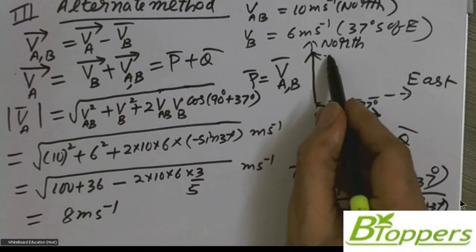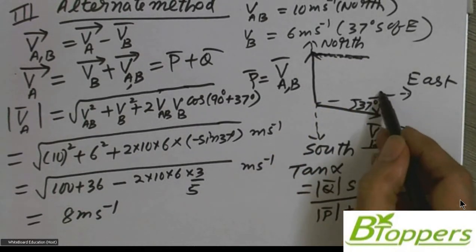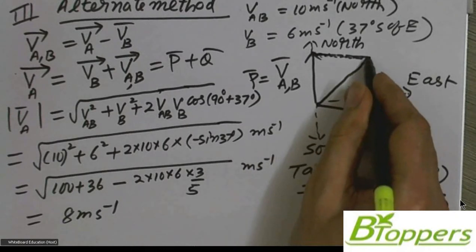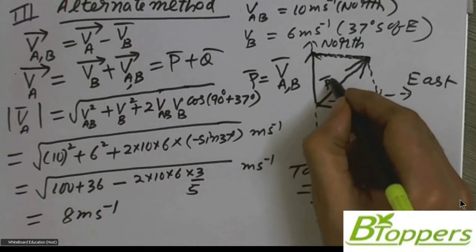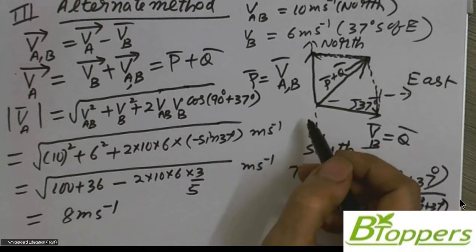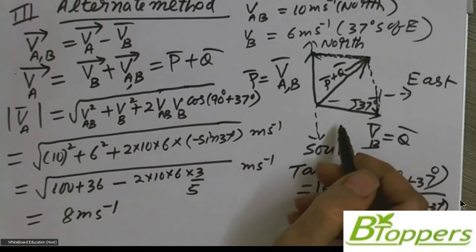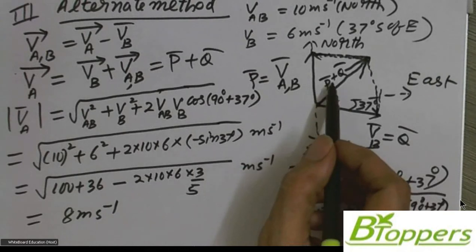If you complete the parallelogram by representing the two vectors P bar and Q bar graphically by the adjacent sides of the parallelogram, such that the tail of vector P bar is attached to the tail of vector Q bar, then the diagonal of the parallelogram passing through their point of intersection represents the vector sum of P bar and Q bar.